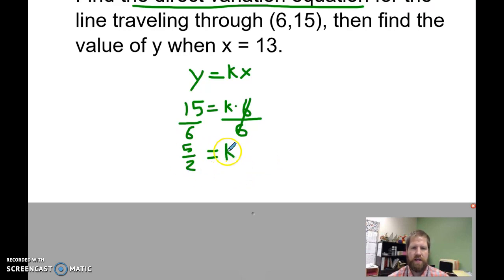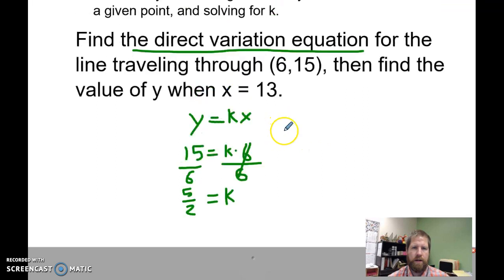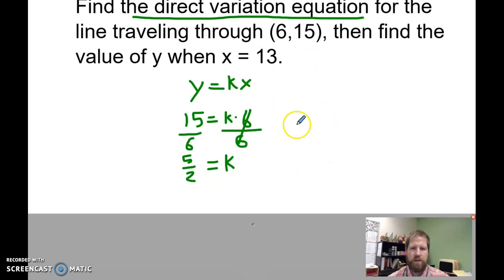Right? And that's it. Our equation is going to be y equals 5 over 2 times x. That's all it takes to get our direct variation equation.